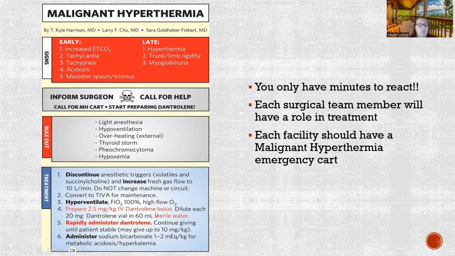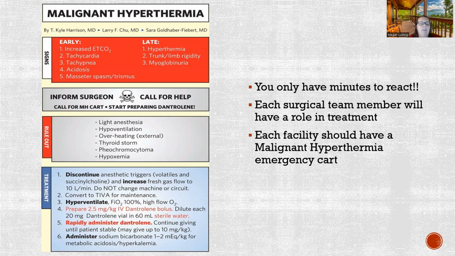And this is a drug that, unfortunately, needs to be reconstituted. It comes in 2 vials, and you have to mix the powder with the sterile water. So that could be somebody's job, to reconstitute dantrolene. It comes in a 60 ml vial. And the kicker here is that you need a lot of vials of dantrolene, a lot.